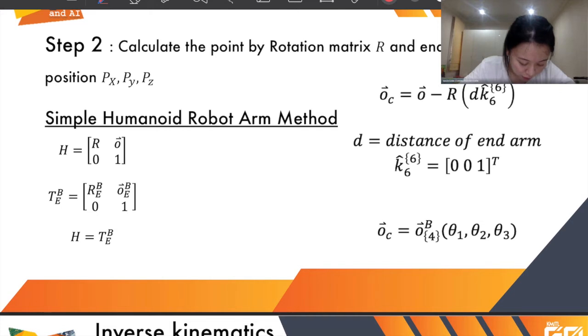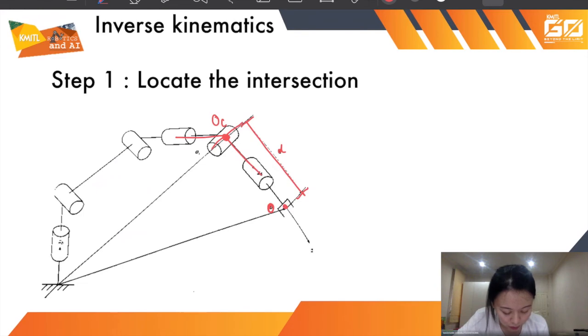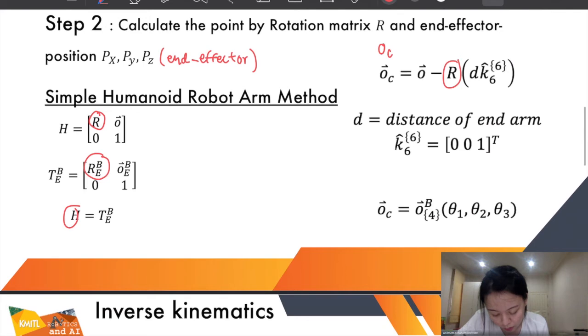We have to find the rotation matrix to calculate the homogeneous matrix to find theta 1, theta 2, and theta 3. In this case, we will use R to put it in this equation. This equation is from OC.